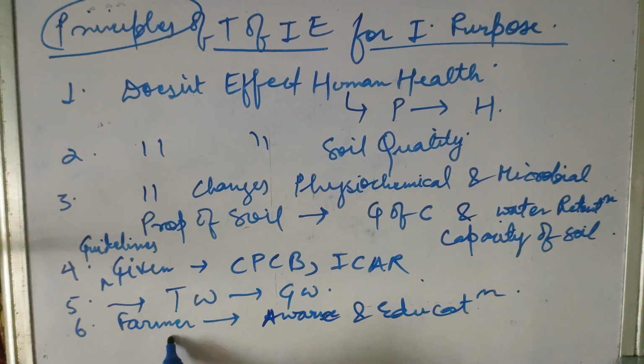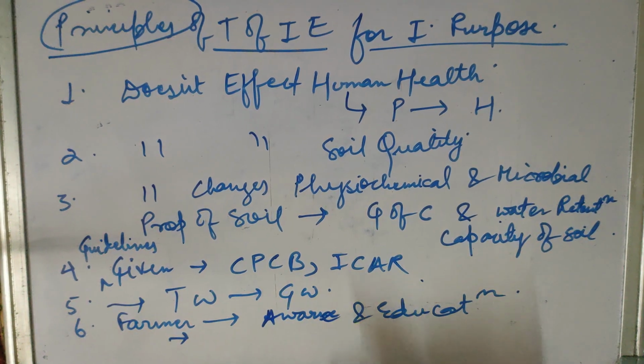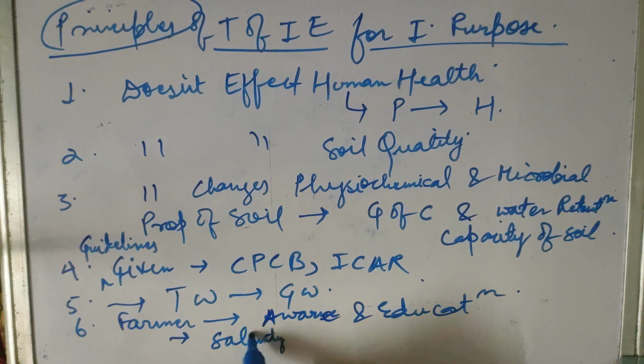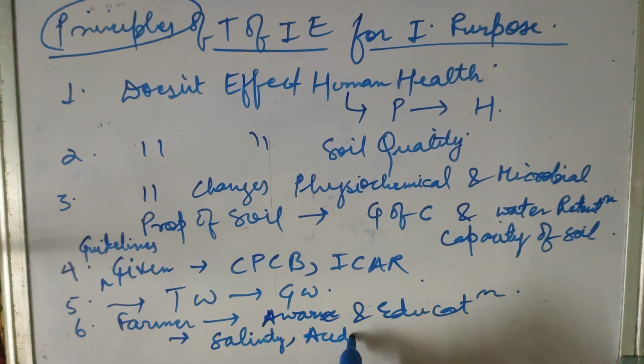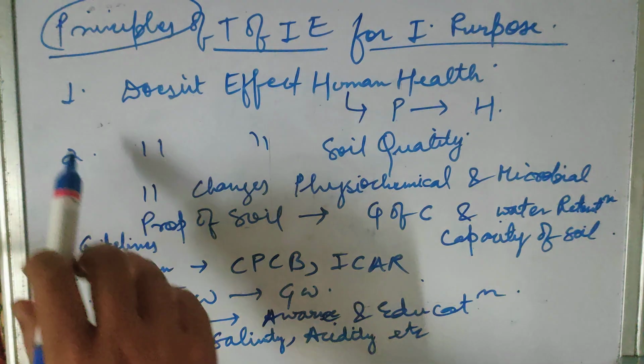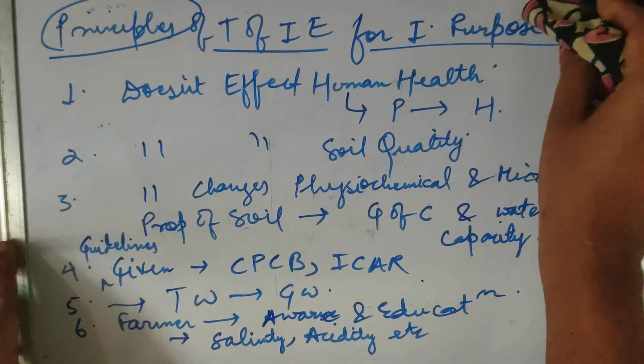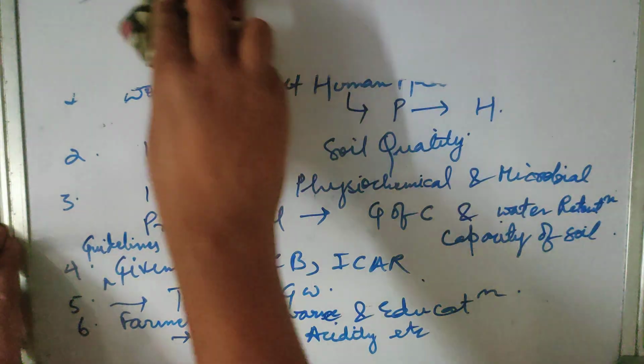We also need to see that this doesn't lead to problems like soil salinity, acidity, etc. So these are some of the principles we need to follow when using industrial effluents for irrigation purposes.